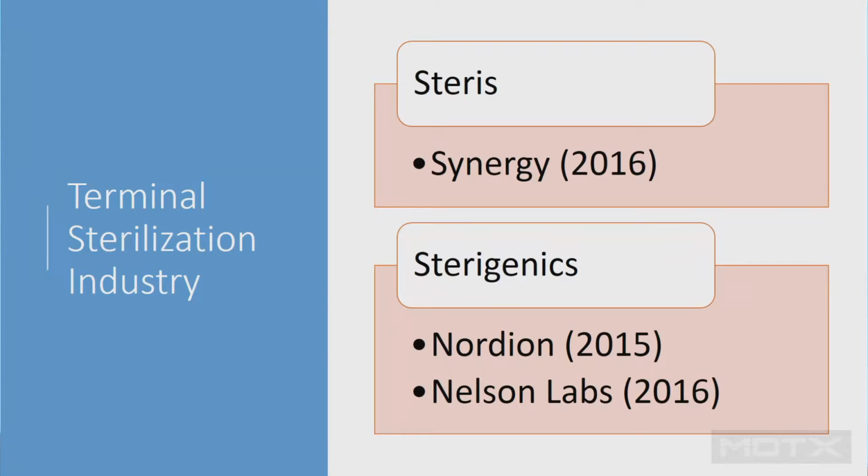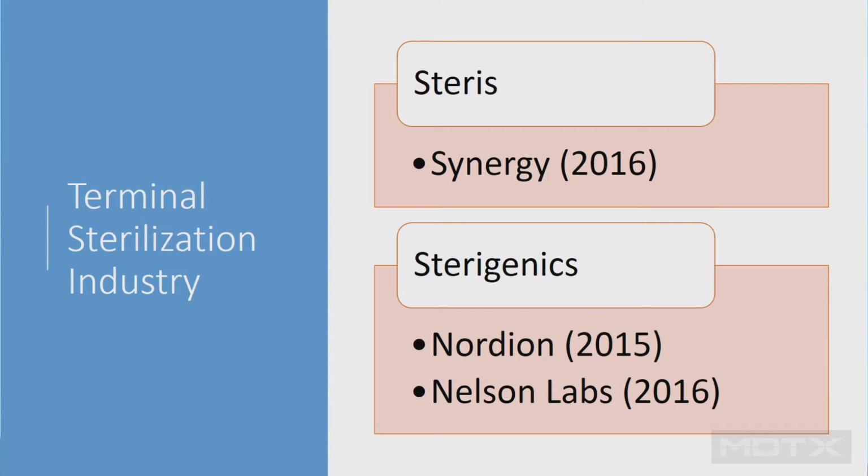For example, Steris purchased a European contract sterilization company, Synergy, and that basically gave Steris a global footprint. Very smart acquisition. It did raise some concerns initially with the FTC, but obviously it worked out, and now it's integrated as part of Steris.